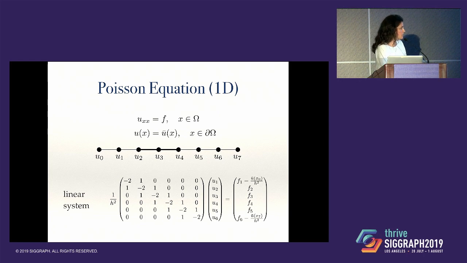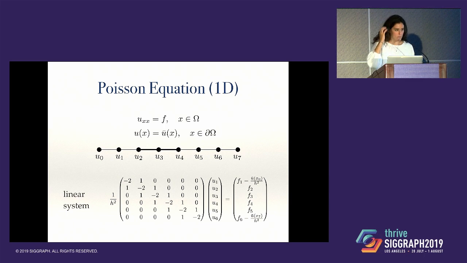And here are my unknowns. Now this is coming directly from that 3-point stencil. So -2 is multiplying the unknown, and +1 for its left neighbor, and +1 for its right neighbor. And so that's one equation. Then it's the right-hand side of the equation over here, and my 1 over h squared pulled in front.